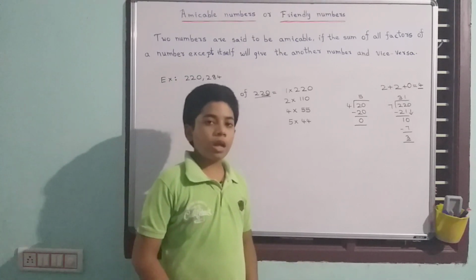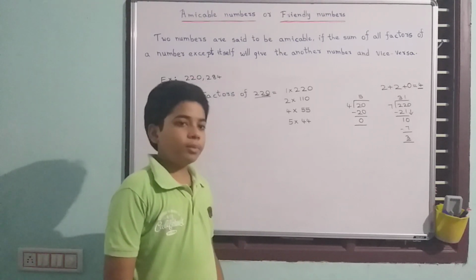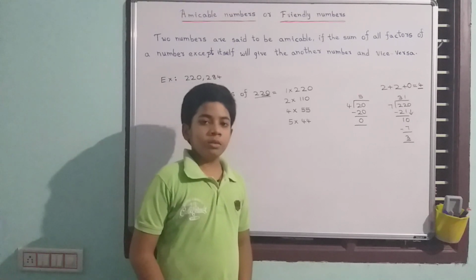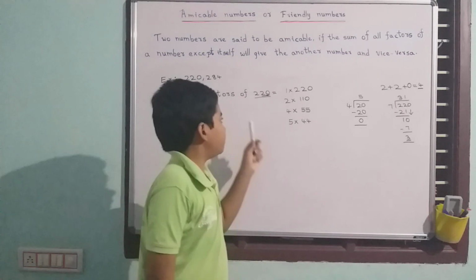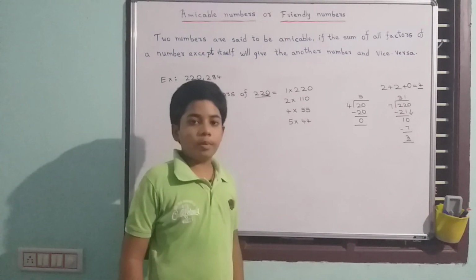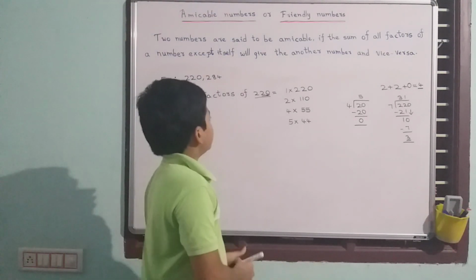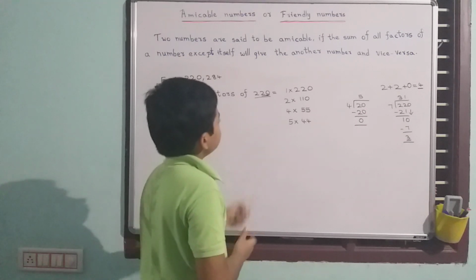Let us check with 8. The divisibility rule of 8 is the last 3 digits of the given number should be divisible by 8. So the last 3 digits of 220 are 220.